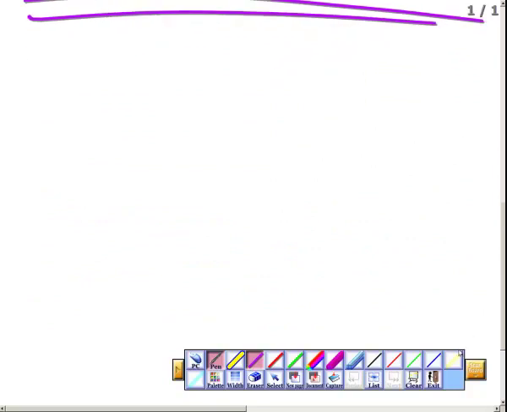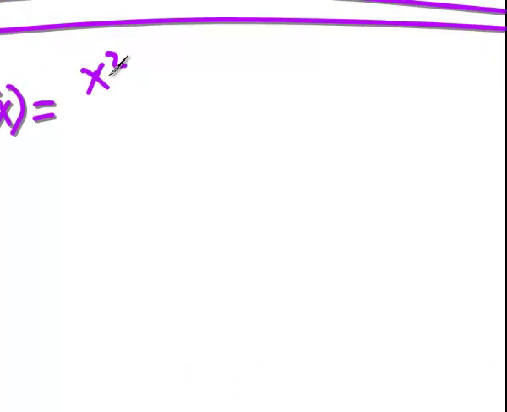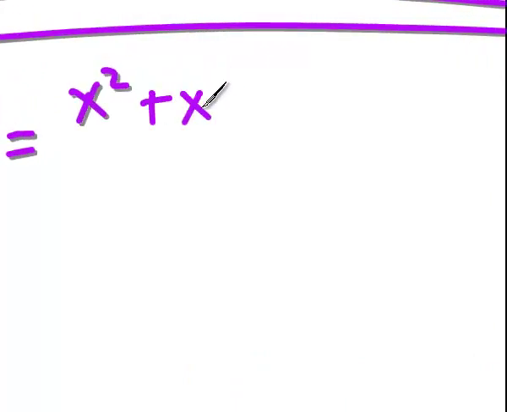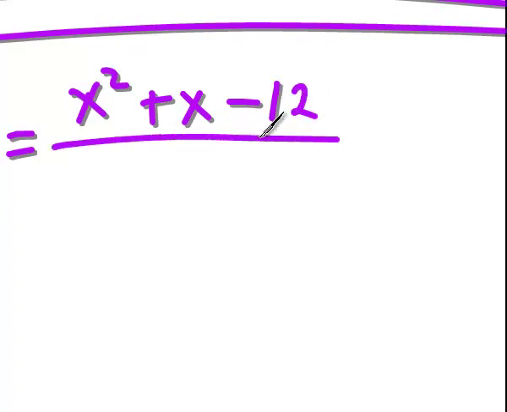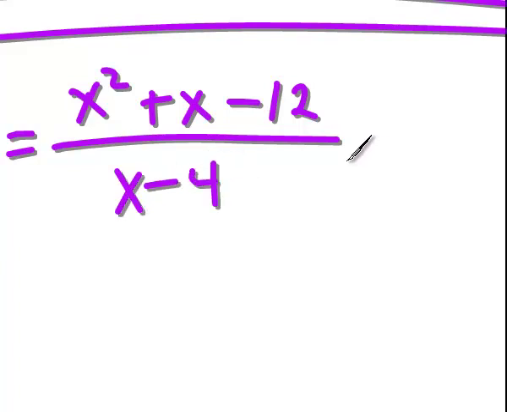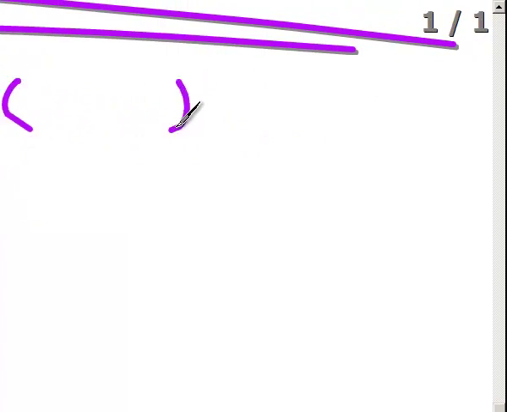another one, such as, here we have, we'll call this r of x equals x squared plus 1x minus 12 over x minus 4. So we want to go ahead and factor that. Okay? So that'll be x and x, right?